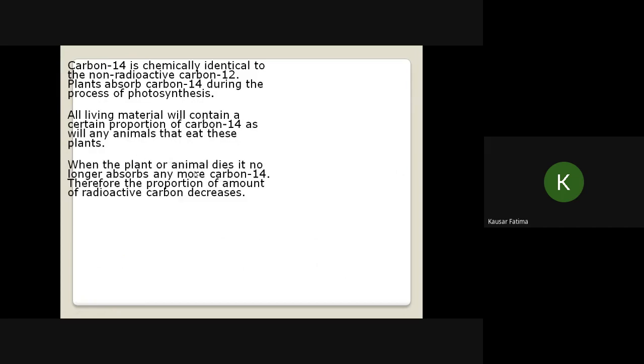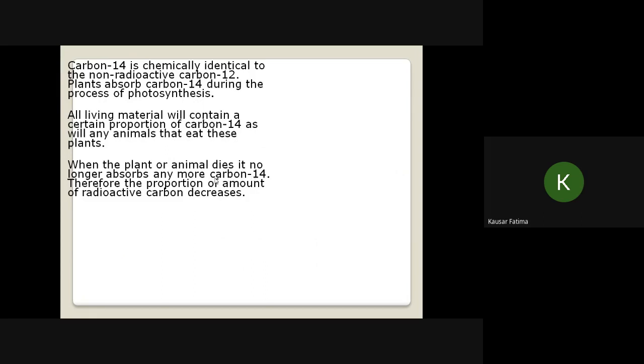When a plant or animal dies, it no longer absorbs any more carbon-14, and this carbon-14 keeps on disintegrating; its amount keeps decreasing. So a fresh piece of plant or newly dead material will have a greater amount of beta radiation emitted by the carbon-14, but an old plant will have a small amount, because activity depends upon the number of carbon-14 atoms present.